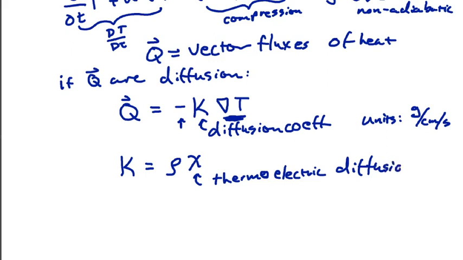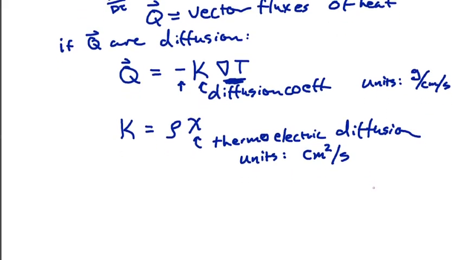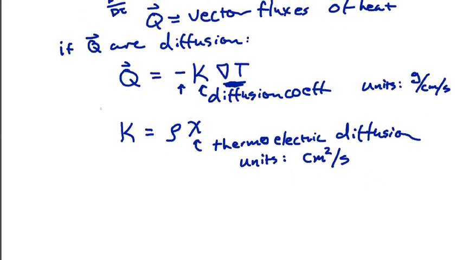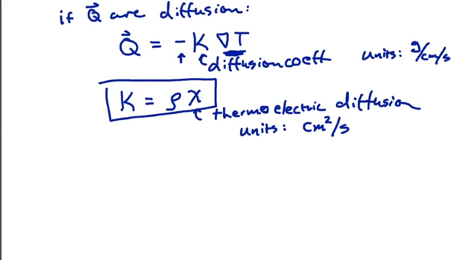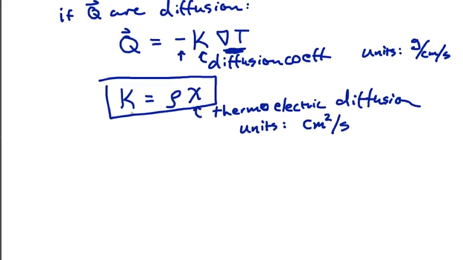What's nice about it is that it has units that are a little more useful for dimensional analysis. It has units of length squared per time, which end up being the same units as viscosity, which we'll meet later in the momentum equation as we consider friction. This is just a linkage between these concepts. For now, we'll talk in terms of just the general capital K diffusion coefficient to get some intuition for the properties of this system.